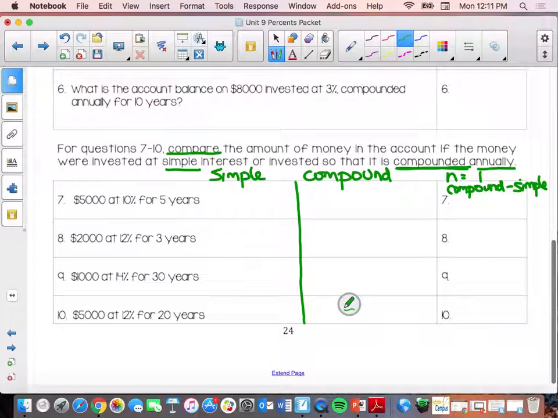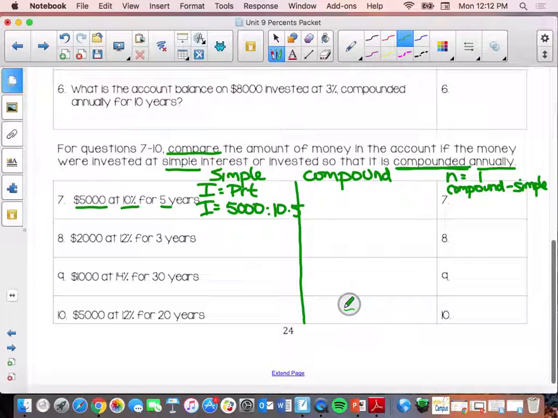Okay, so remember, simple interest is I equals PRT. So if you need to look back at that video, go ahead. But basically, you're taking this $5,000, you're multiplying it by 10% as a decimal, which is 0.10, and multiplying it by 5 years. Compare that amount. That's just the interest, though.